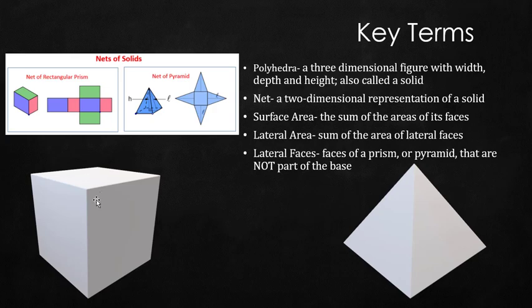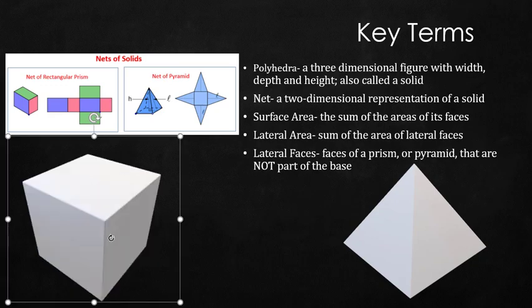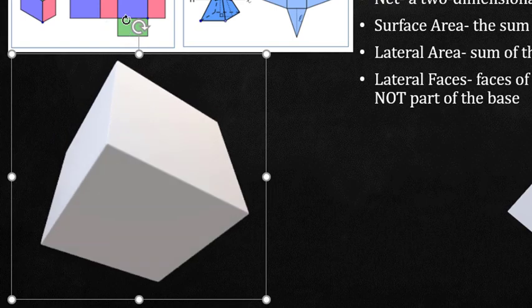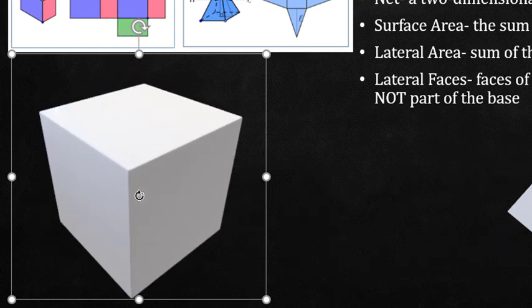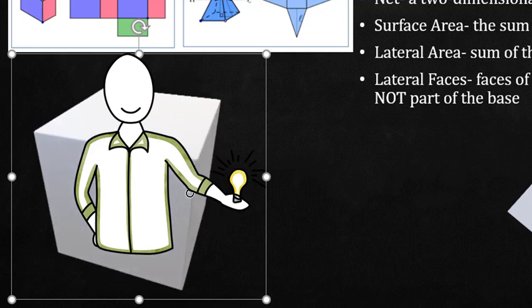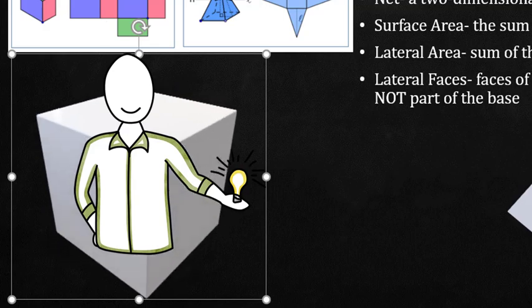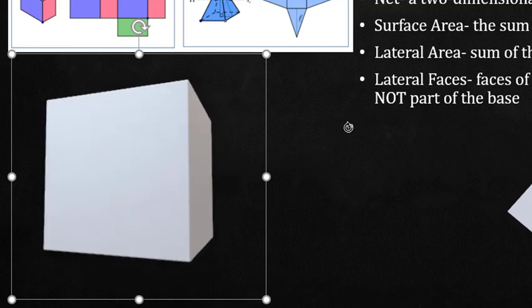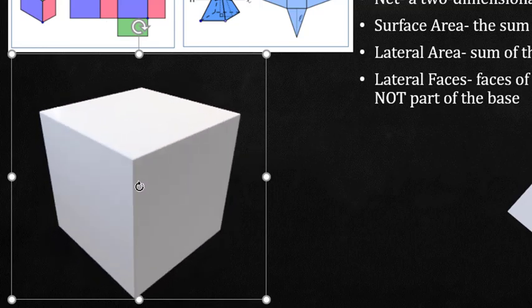So say we had this polyhedra, this box here, and inside of it is the gift of knowledge. And we wanted to wrap this gift up. So let's say that we're going to cover the entire outside of this gift with wrapping paper.